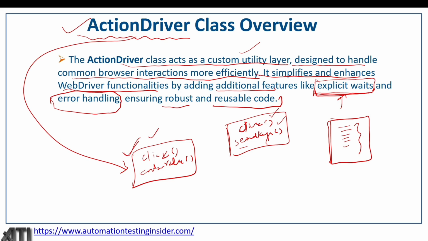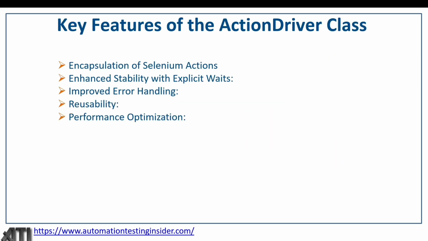So let's talk about the next point. What are the different key features of the ActionDriver class? First, encapsulation of Selenium actions. This is a centralized location where we perform all the actions in one place, right?